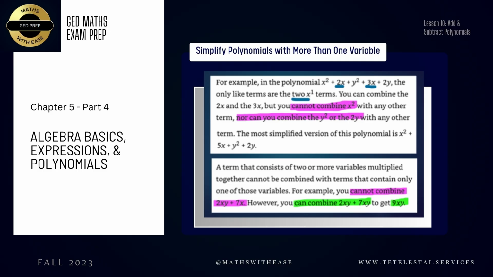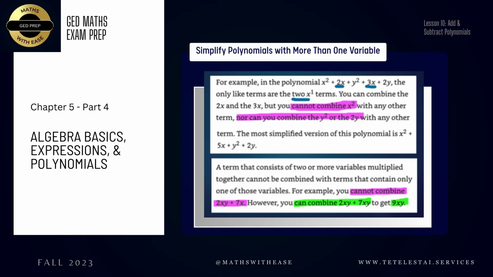And notice that in our final expression, the terms are grouped according to their variable and written from greatest power to least, right? So we have our x squared terms grouped first, from greatest power, x squared plus 5x.